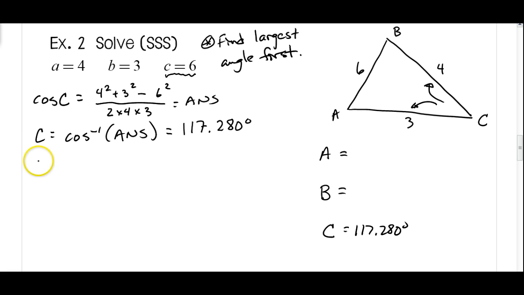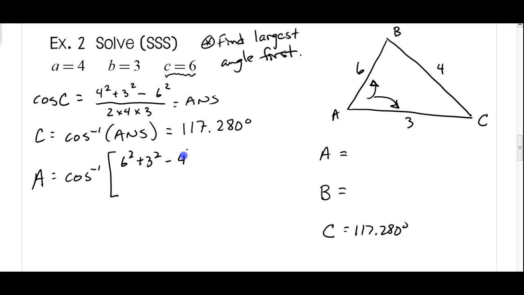Okay, and then I'm going to use law of cosines one more time, and I'm going to find the next largest angle, so that would be A. So A is going to be the cosine inverse. I'm going to do this in one step now. So here's A, so it's going to be these two sides squared and added: 6 squared plus 3 squared minus 4 squared over 2 times 6 times 3.